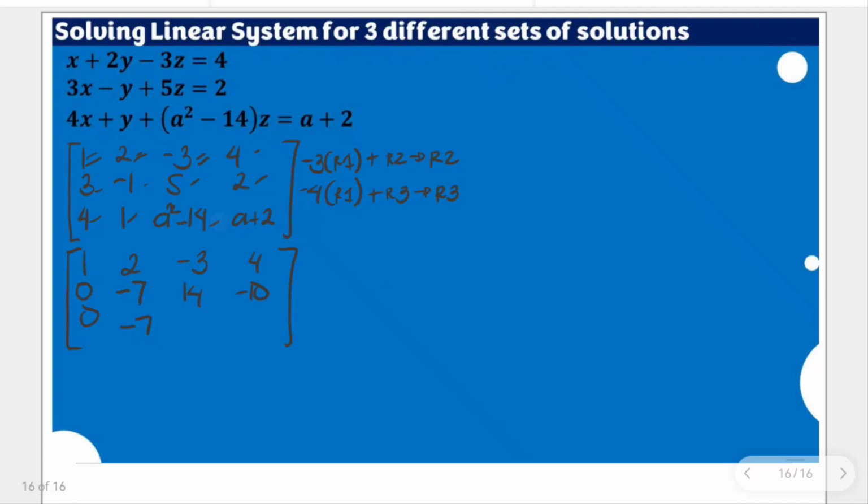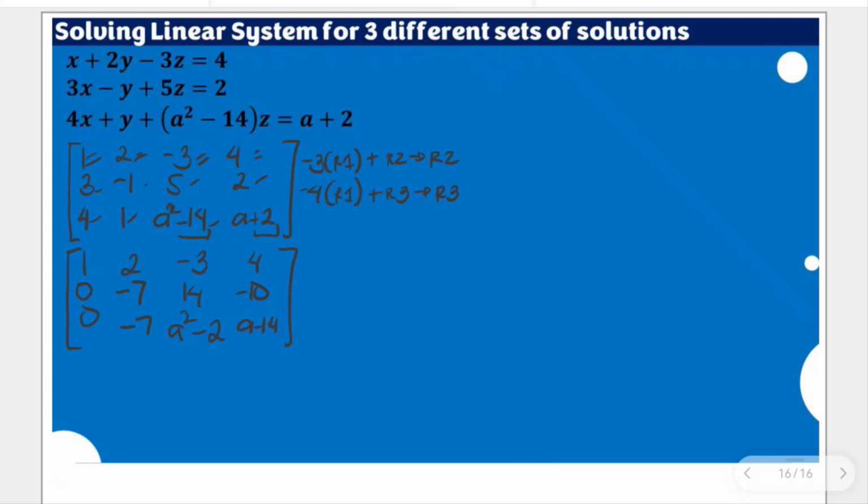Plus this, so we'll just be adding here -14 plus 12. So I have here A squared minus 2. Okay? And finally, -4 times 4 is -16 plus this here. So I have A minus 14.